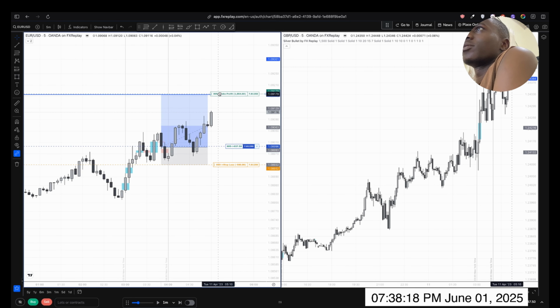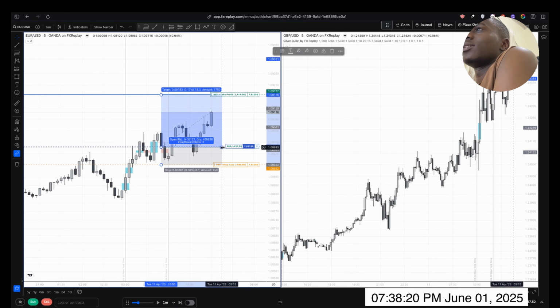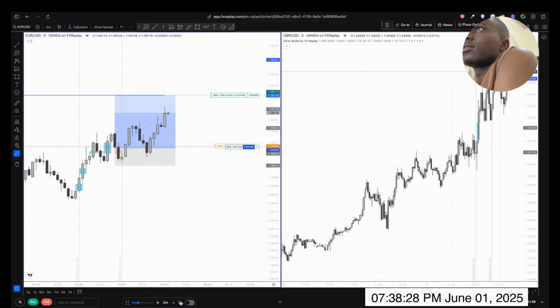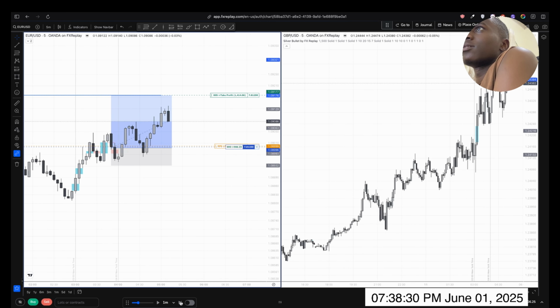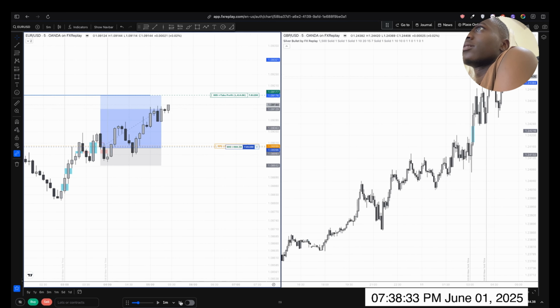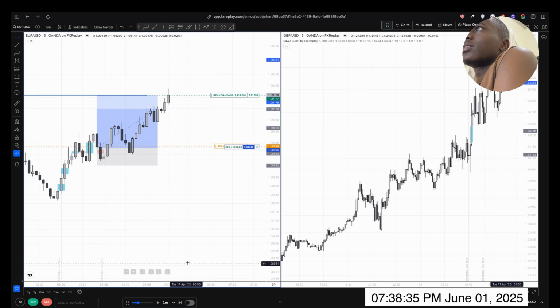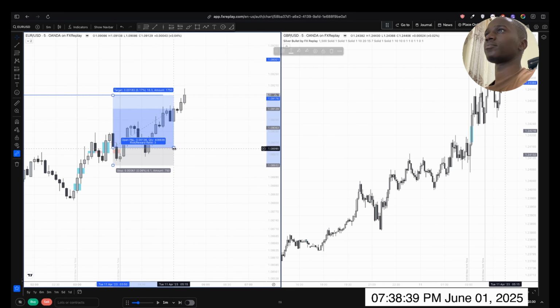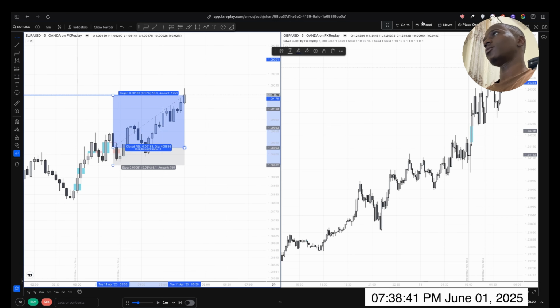Then we push our TP right there, and let's see if it hits it, or if it doesn't. Stop loss will be break even. You can see that we end up hitting take profit right here. So let's also add this to the journal.